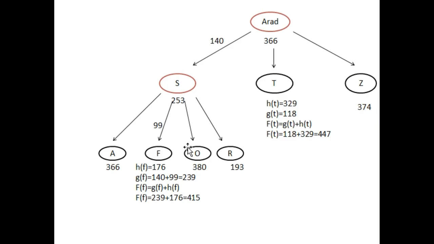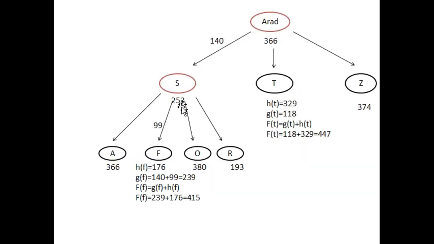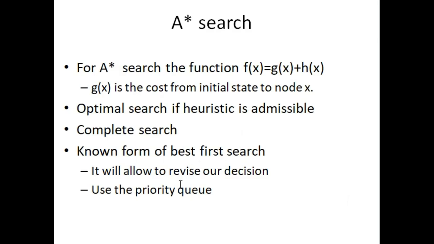In the same way, just look at how we can calculate the value of f of f. So f of f is equal to g of f plus h of f. The h of f we can get from this table. The h of f is equal to 176. So what is the value of g of f? Just look at this again.